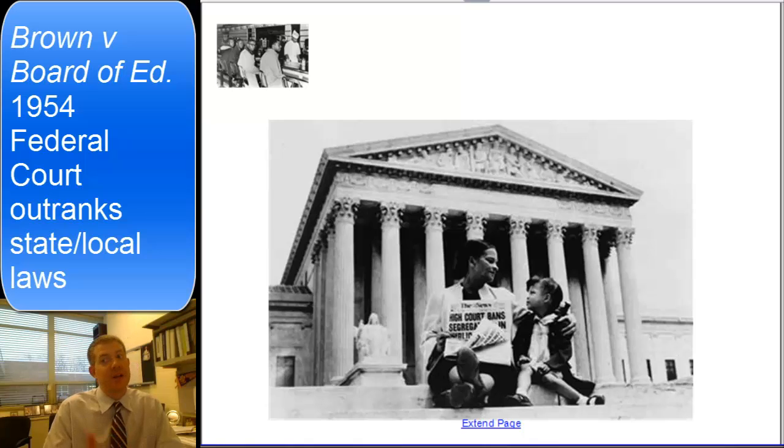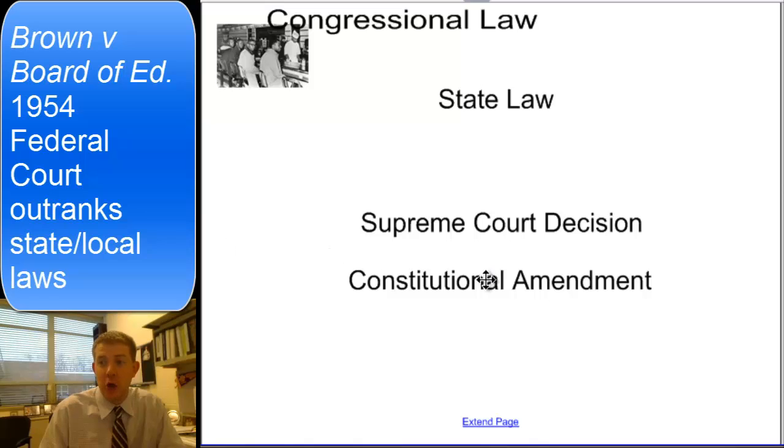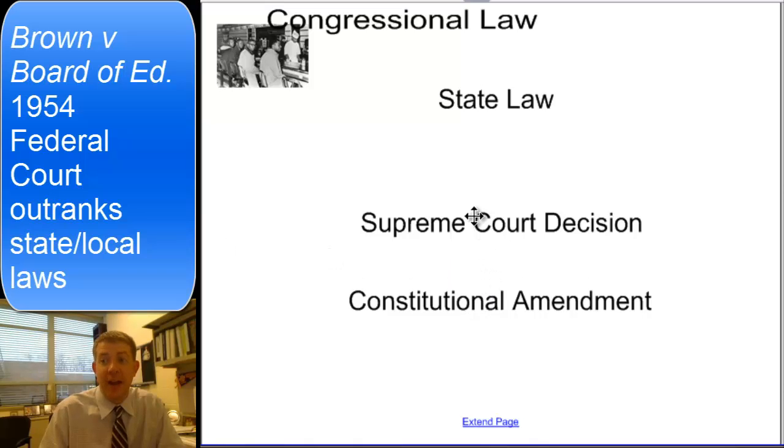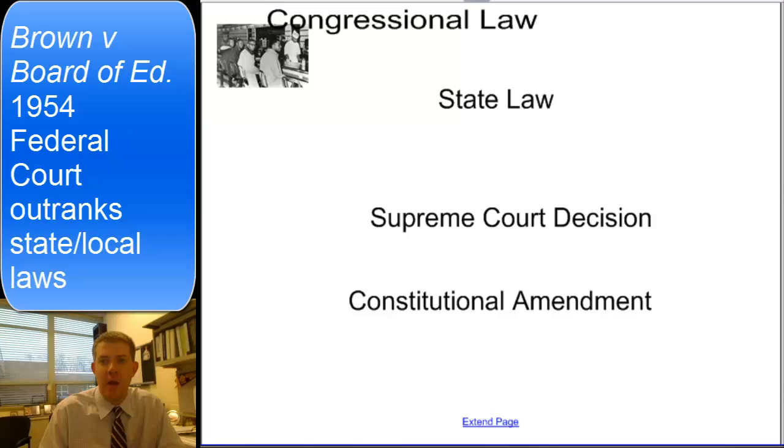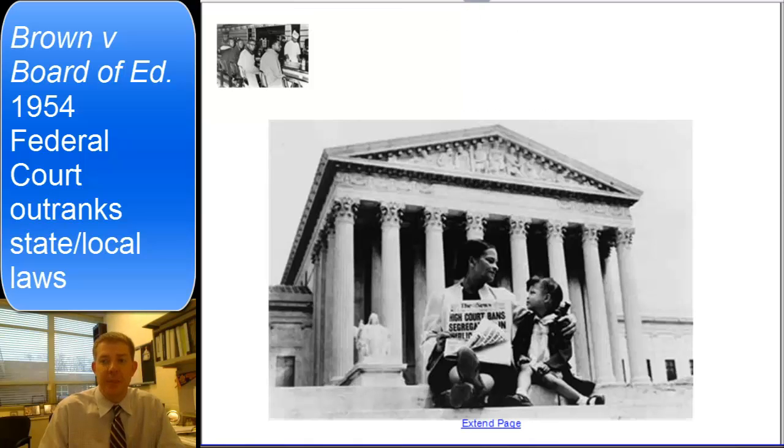It opened the door, because what Brown versus the Board of Education said was looking at Plessy versus Ferguson. So we didn't have to get all the way to a new constitutional amendment; we get a new Supreme Court decision. And what the Supreme Court said was that separate is inherently unequal.